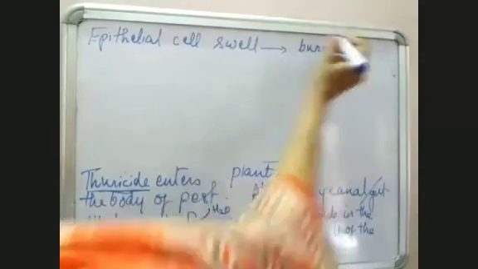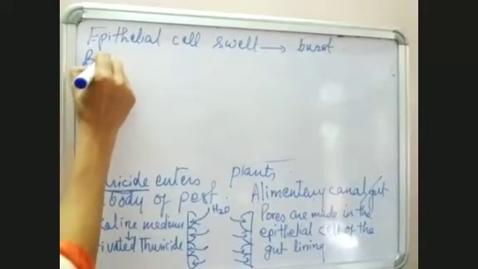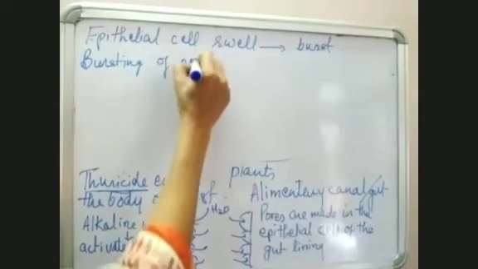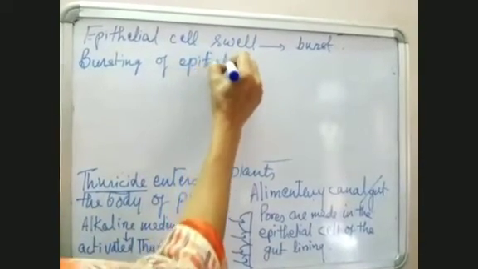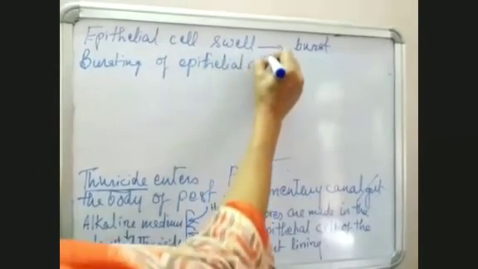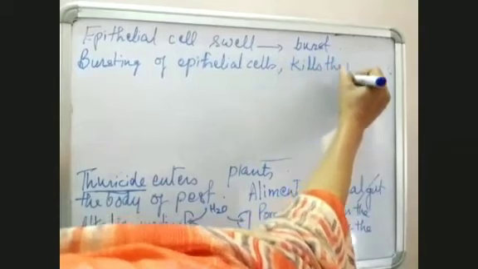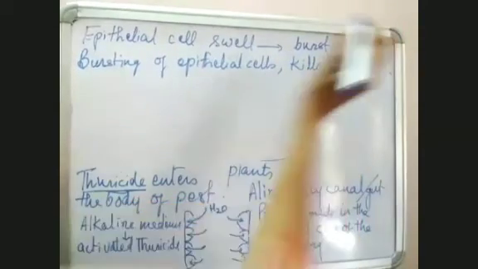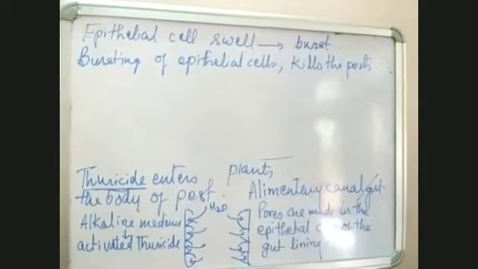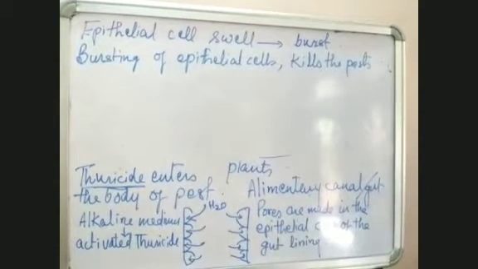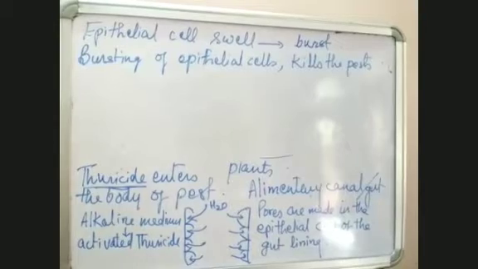And due to the bursting of epithelial cells, the pests are killed. And this way, the pests are killed and the plants are saved from the pests.